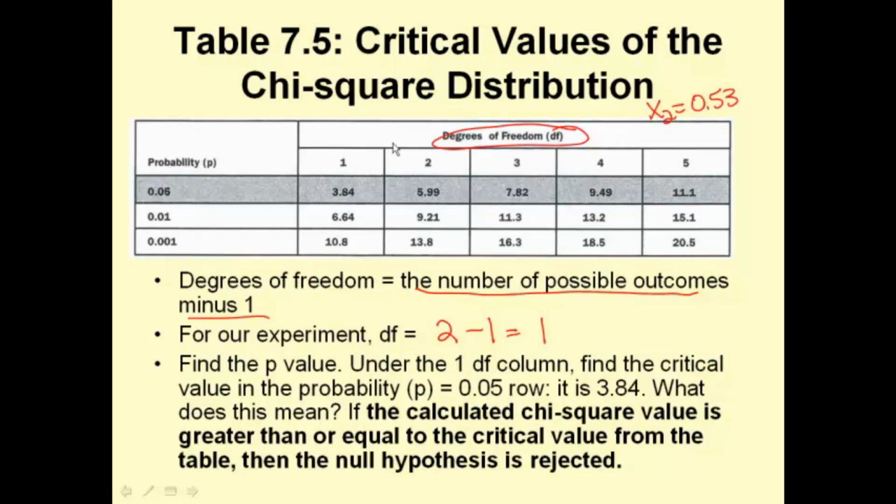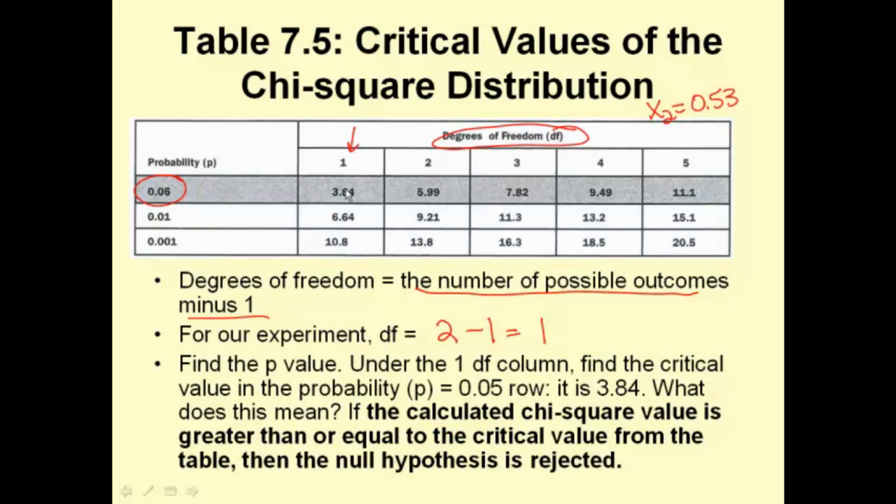So now we're going to come to this column, the 1 column. We're going to look at this row, probability P equals 0.05, and I'll tell you on the next slide why we use this row, but it's shaded in because in science that's the row that we usually use.